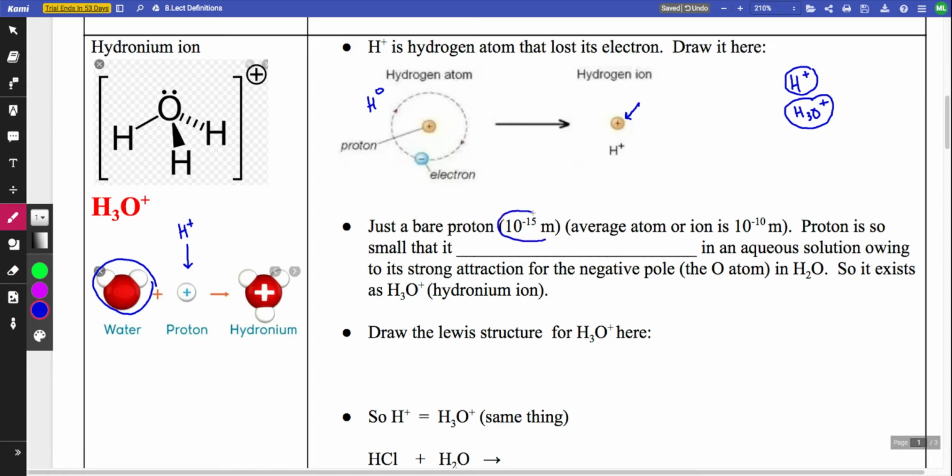It is a bare proton with that size, and it's so small that it cannot exist alone in an aqueous solution because it is so attracted to water. Therefore, in water, these two will come together and become the hydronium ion, written as H3O+. So this is the hydronium ion. The reason they write it like this sometimes is because they're just being efficient. This is the same thing.